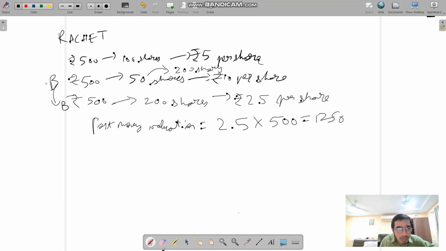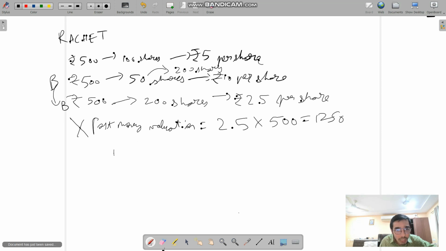But in this example, when the same investor is now investing again at a lower valuation, this method is wrong. Instead, you will have to determine the post money valuation, the share price, in accordance with the average price of this investor, because the same investor is again investing at a lower valuation. So let's understand this investor. First of all, these 50 shares got converted to 200 shares.